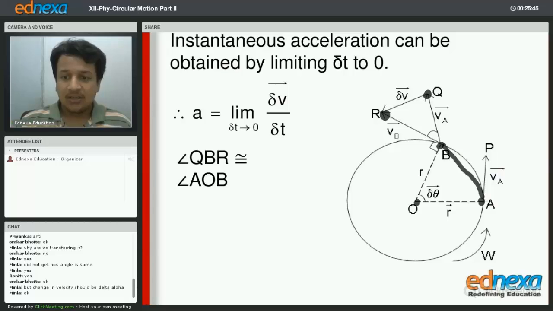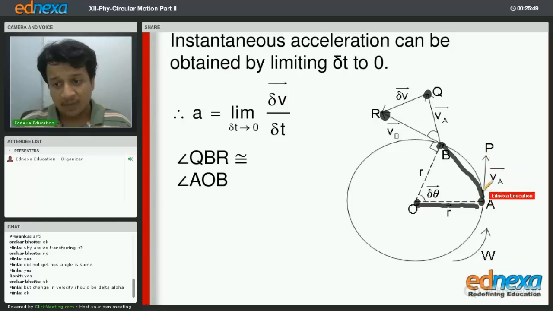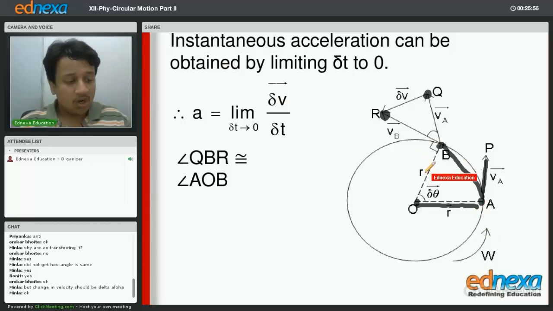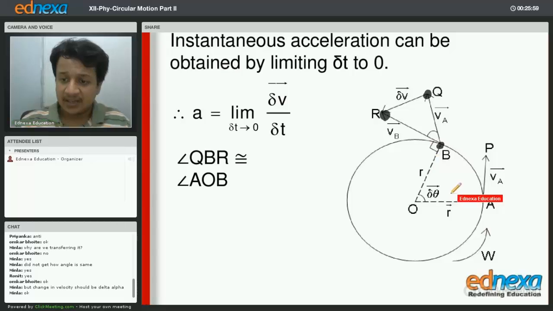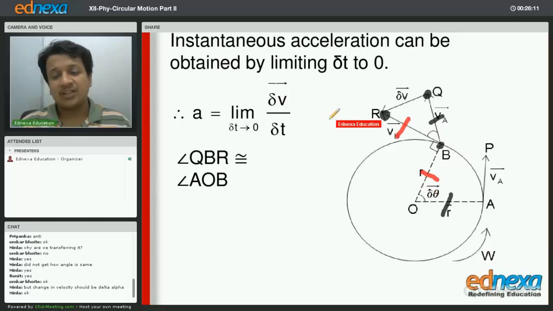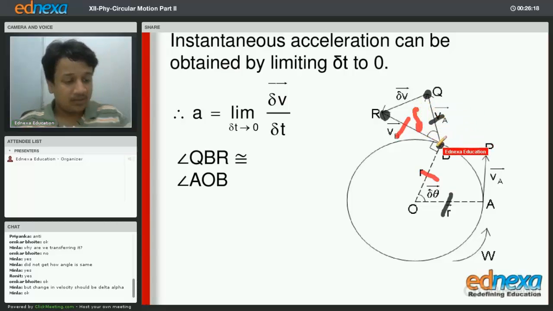Now, are the radius and the magnitude of velocity going to change? No, they are not going to change. Is it right? So the ratio of this side to this side and this side to this side are similar. So obviously these two triangles are similar, and when this is angle delta theta, this is also angle delta theta. Okay.